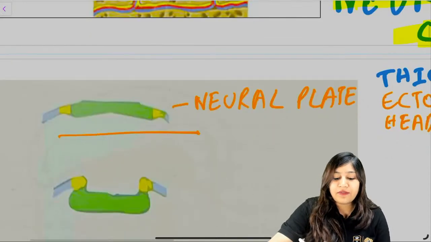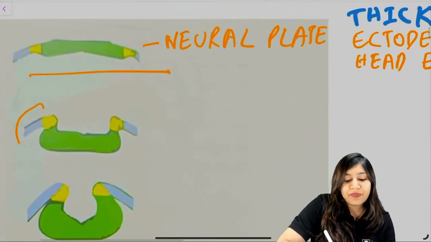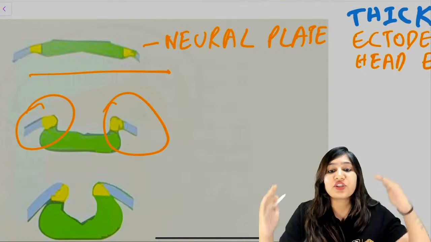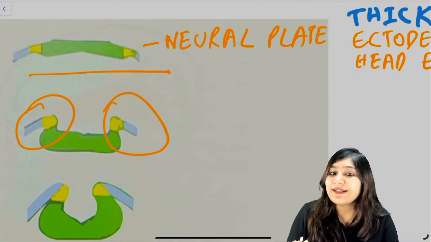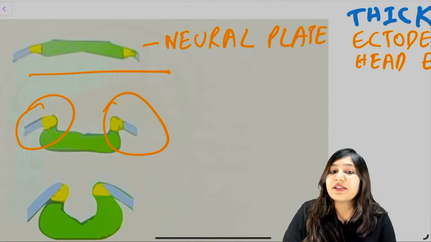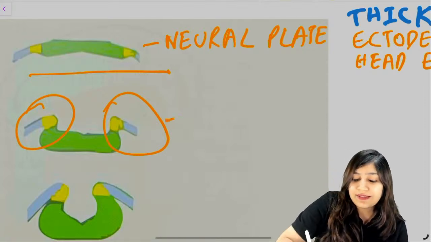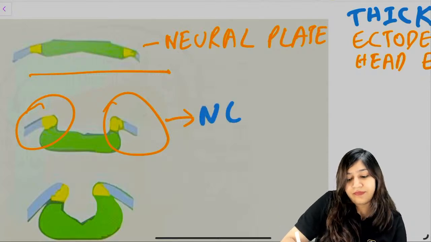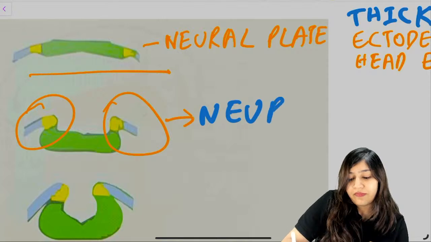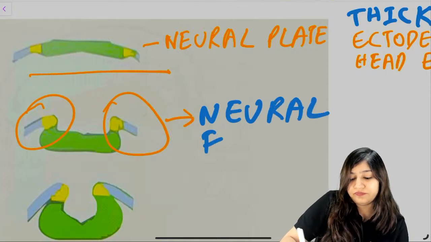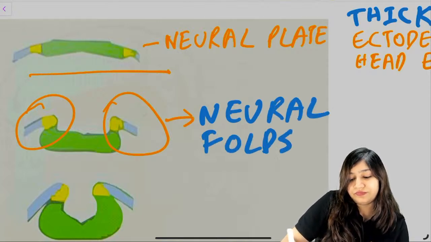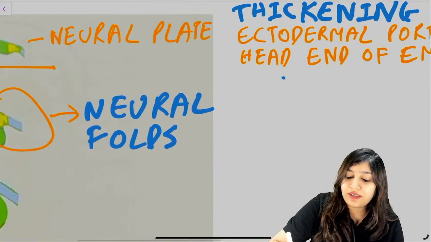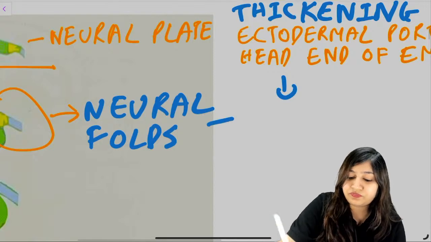Now, we can see some elevations on both the sides of the plate. These are its raised margins. What are these? Raised margins of this neural plate are known as neural folds.